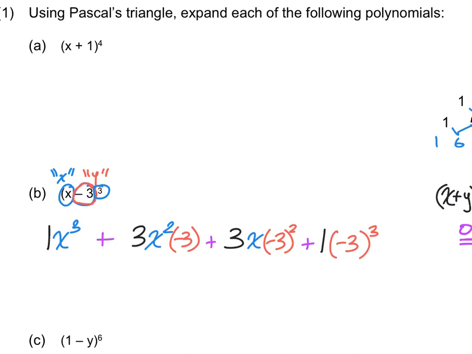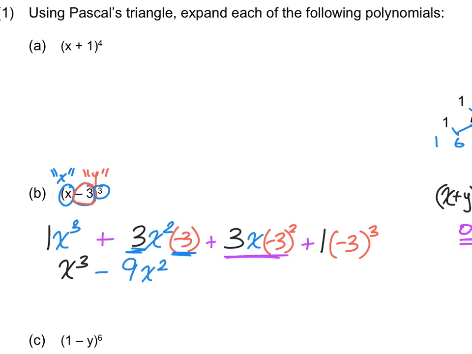All right, so now I just need to simplify a little bit. The first term, x cubed. The second term, I got a 3 times a -3, so -9 x squared. The third term, I'm going to go purple on that one.